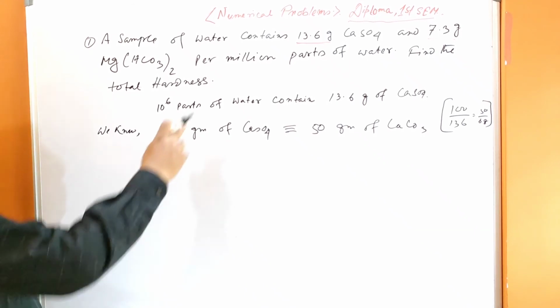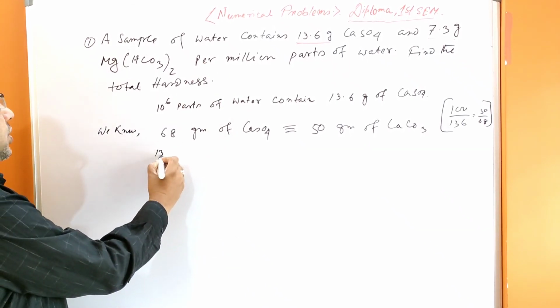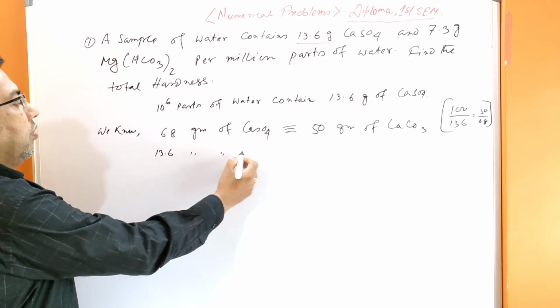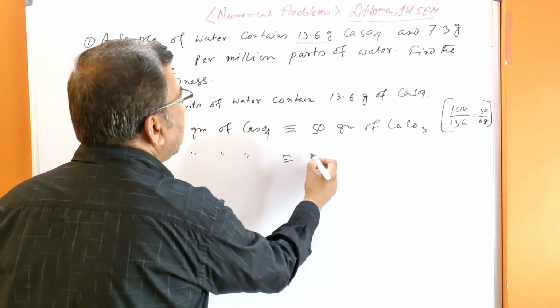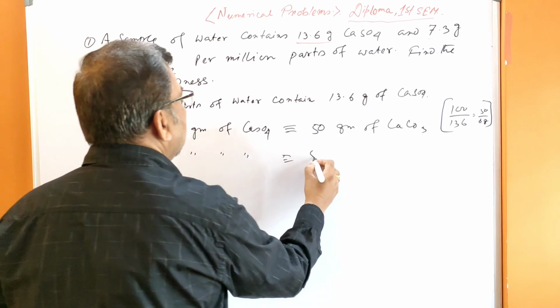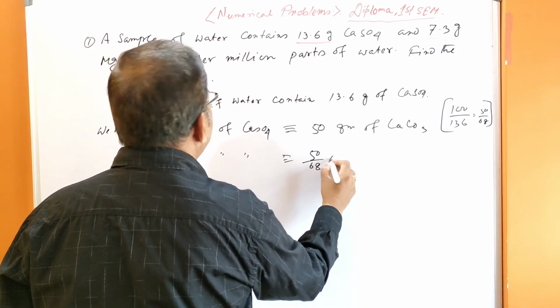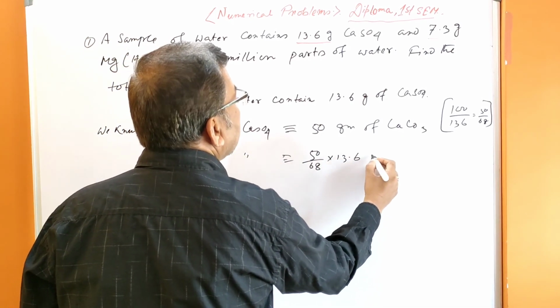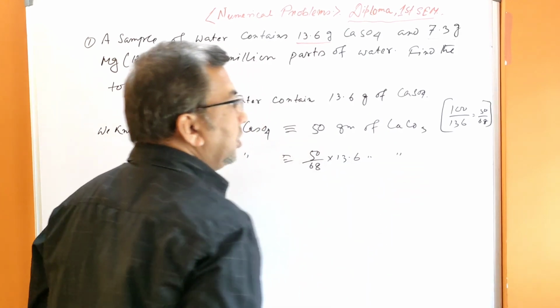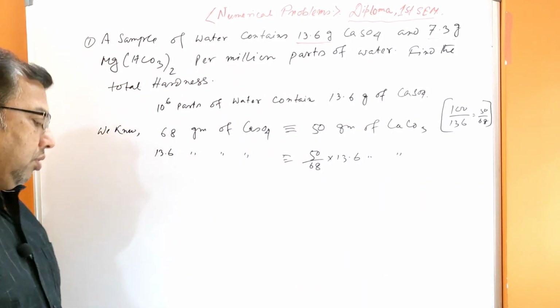Then you have to find out what is there. 13.6 gram of calcium sulfate is equivalent to 50 by 68 into 13.6 gram of calcium carbonate. What is the answer?